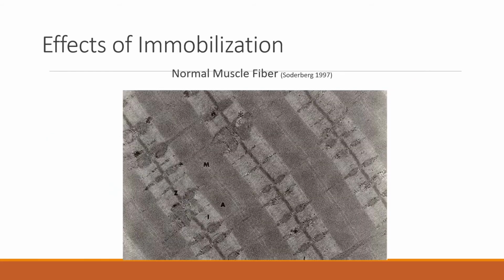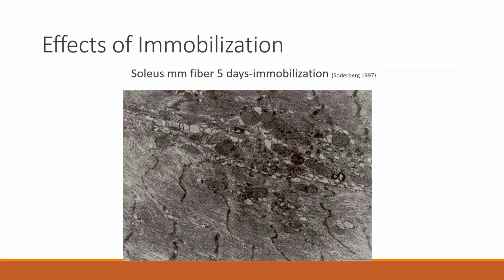I'm now going to show you some electron micrographs of animal muscle tissue to show you what happens with immobilization. So here what we see are healthy sarcomeres, which are mostly, as you see, actual contractile proteins.